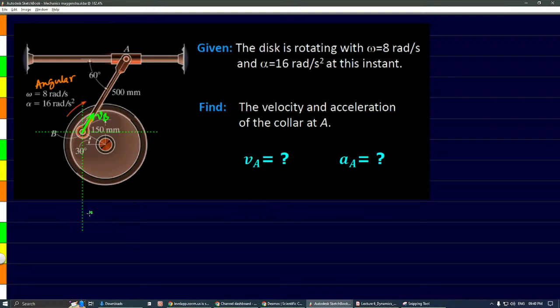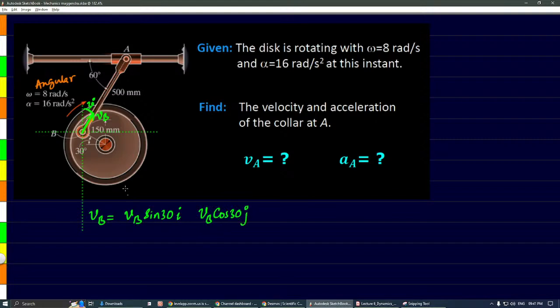So velocity of B can be written as VB. Which angle is known here? This angle will be 30 degrees. So horizontal component will be VB sin 30, multiplied with I. Then VB cos 30.